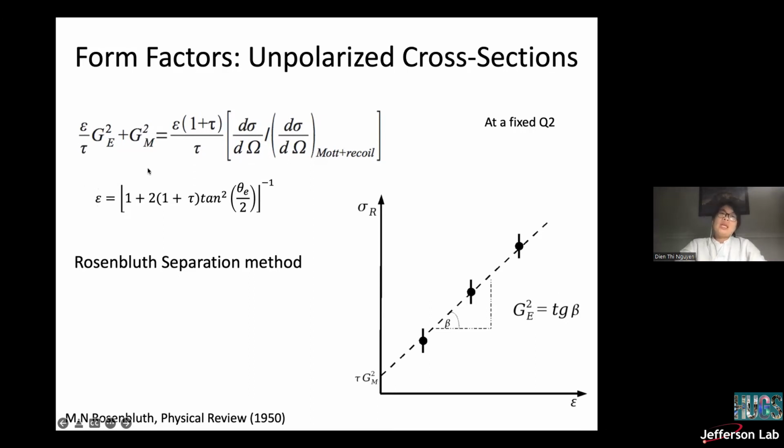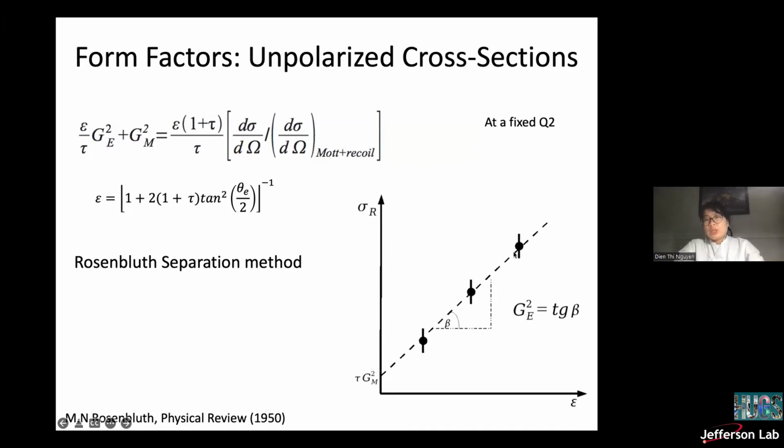So you will have a linear combination of GE and GM square as a function of epsilon. So we have a reduced cross section here. It's the ratio of the cross section divided by the Mott cross section, with the recoil factor. This is sigma R, the reduced cross section. We can write it as a function of the different values of epsilon.